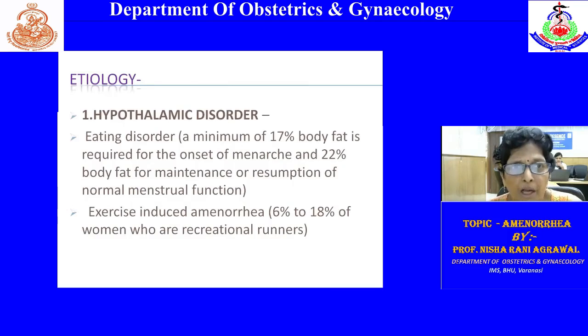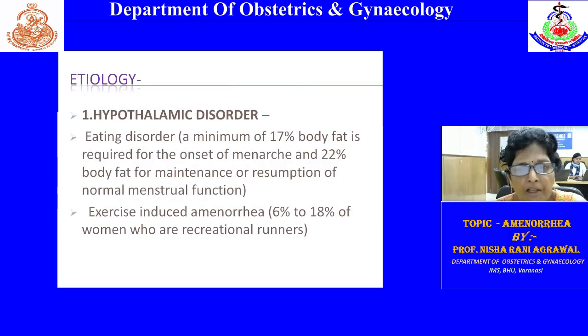Now coming to the hypothalamic disorders. When we consider the etiology of amenorrhea, first is hypothalamic disorders. Eating disorders: a minimum of 17% body fat is required for the onset of menarche and 22% body fat for maintenance or resumption of normal menstrual cycle.